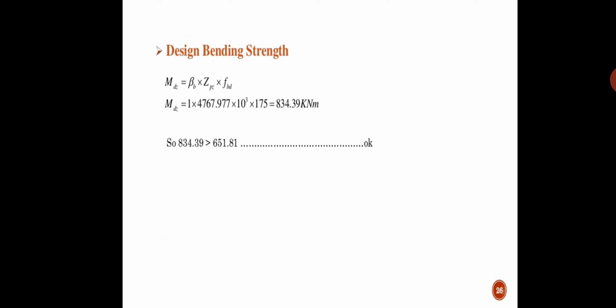Next check for design bending strength. We already calculated MdZ. So MdZ is equal to 834.39 kilonewton meter. Our required Md is 651, but we achieve 834. It means our bending strength is okay to resist the moment.